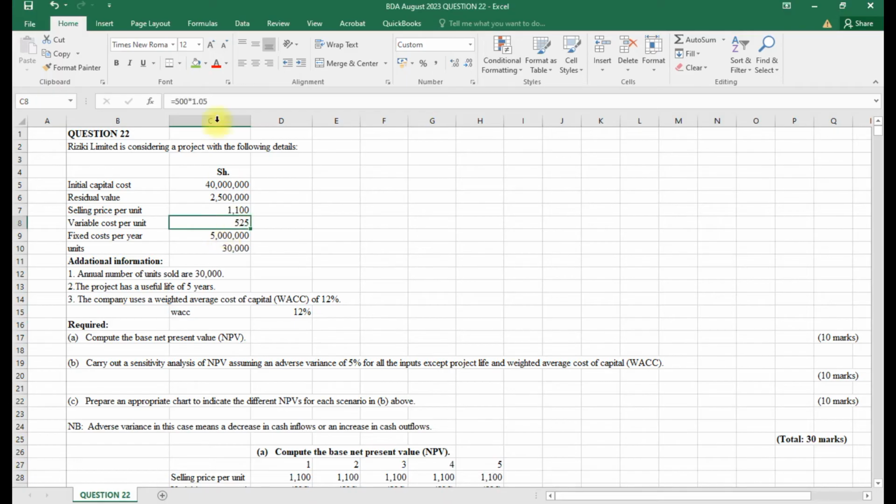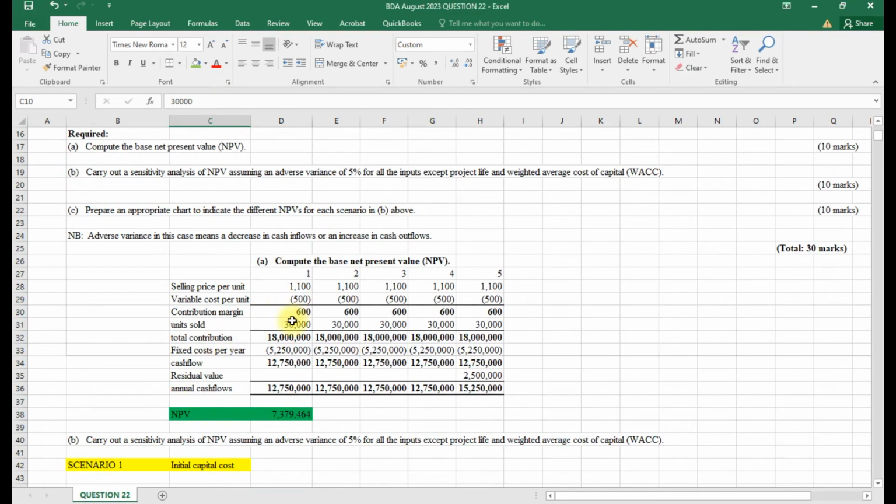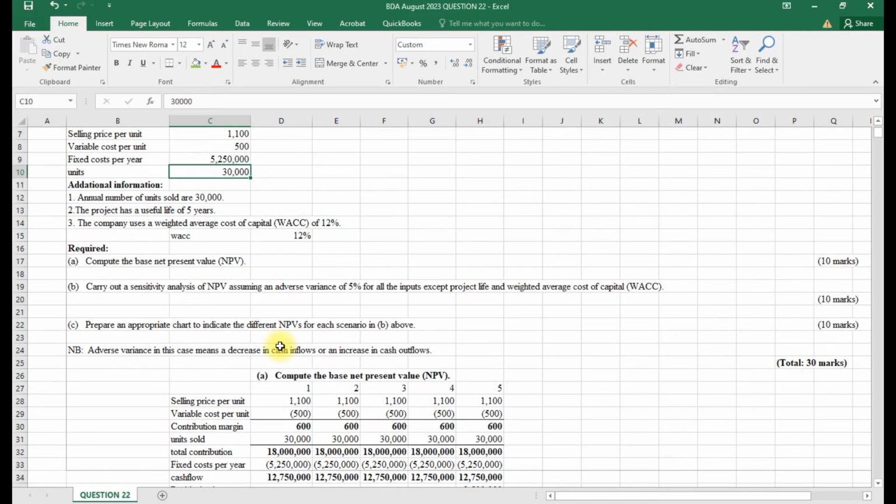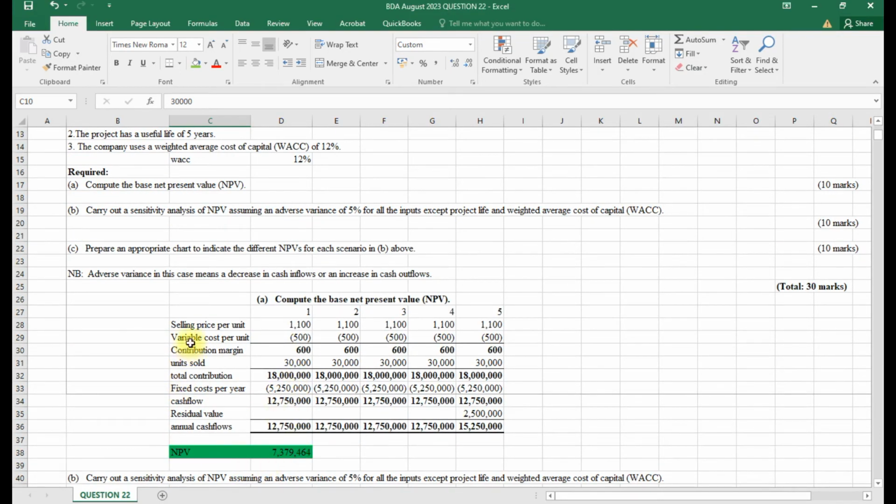So first we shall take this back to normal, 500. Here we change this by 1.05, it will increase, and you'll find that it has changed here to 5250, and our NPV again changes.